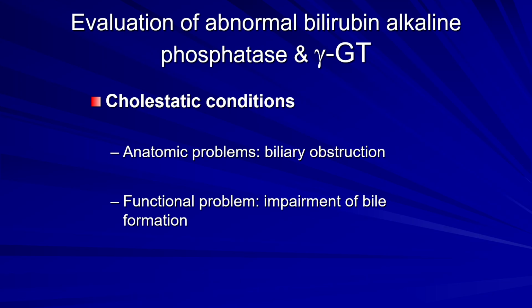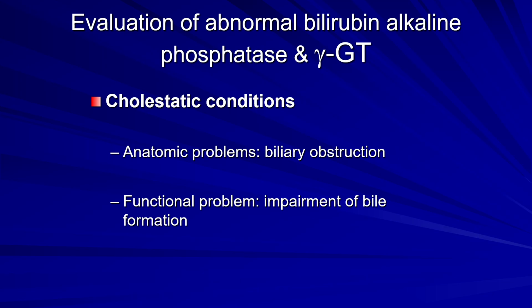You have to define first if there is an anatomical problem such as obstruction of the biliary tree, as I mentioned before. So you need to image the biliary tree by ultrasound, CT scan, MRI, and find out if the biliary tree is obstructed. And the hallmark of biliary tree obstruction is the presence of a dilated biliary tree. A biliary tree that is obstructed will dilate.